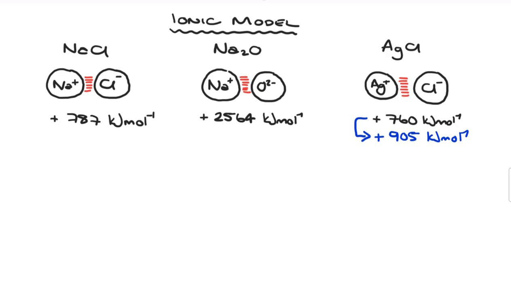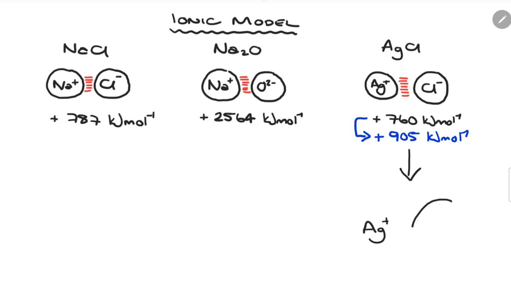This is due to the fact that silver chloride is not acting in a perfectly ionic fashion. It's not behaving where each of the ions are perfectly spherical. What is possible is that during the process of ionic bonding, we get a slight change from that perfect ionic model.